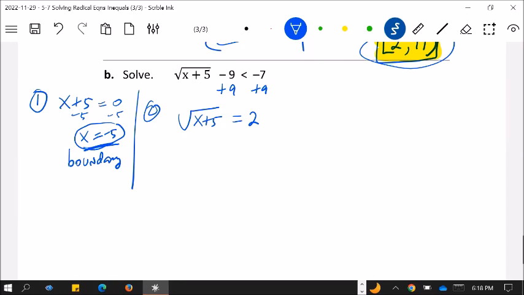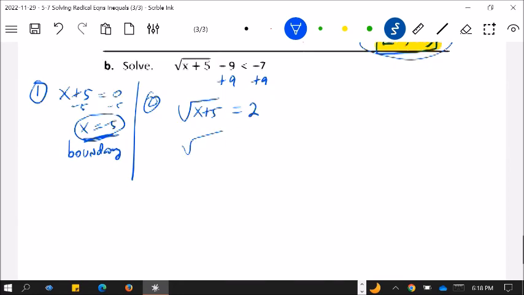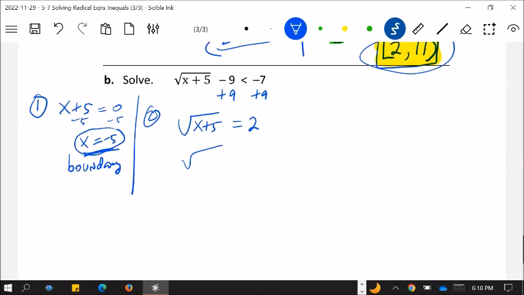And so now what I get is to square both of these. Square it and square it. I have x plus 5 is equal to 4. Subtract 5. x is equal to negative 1. Here's my second boundary.